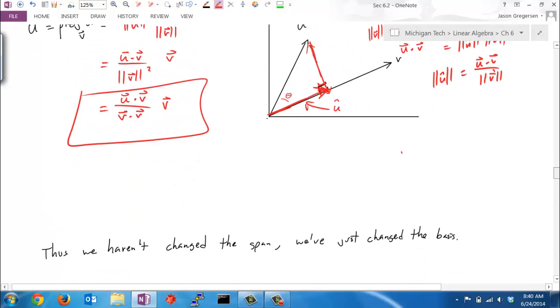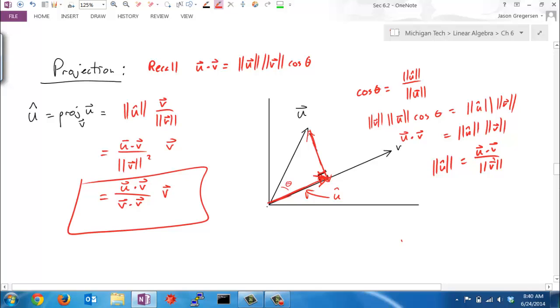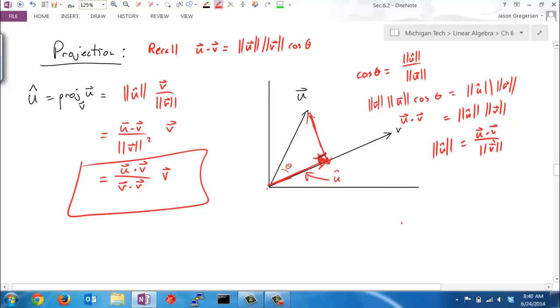Oh, so one other important thing here. Now I have this thing. It's easy enough for me to find this vector right here. It's just u minus the projection vector.